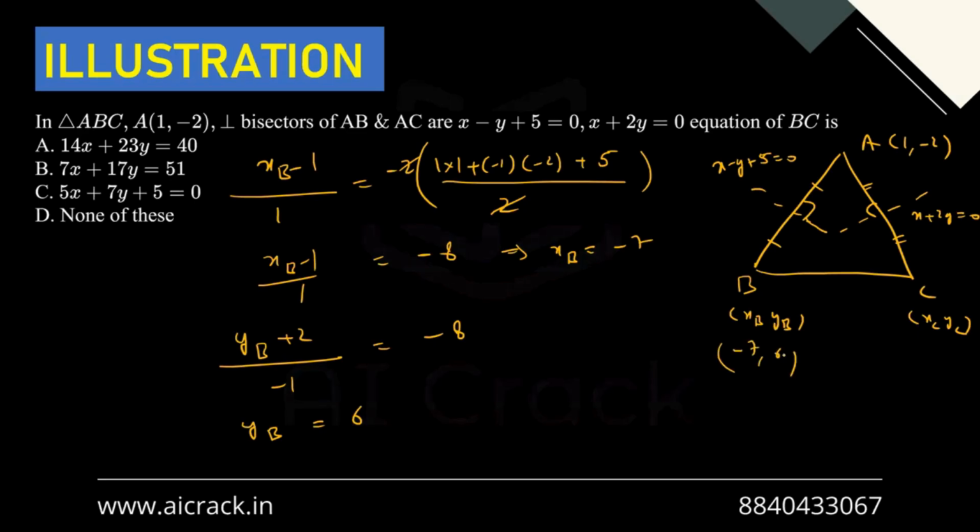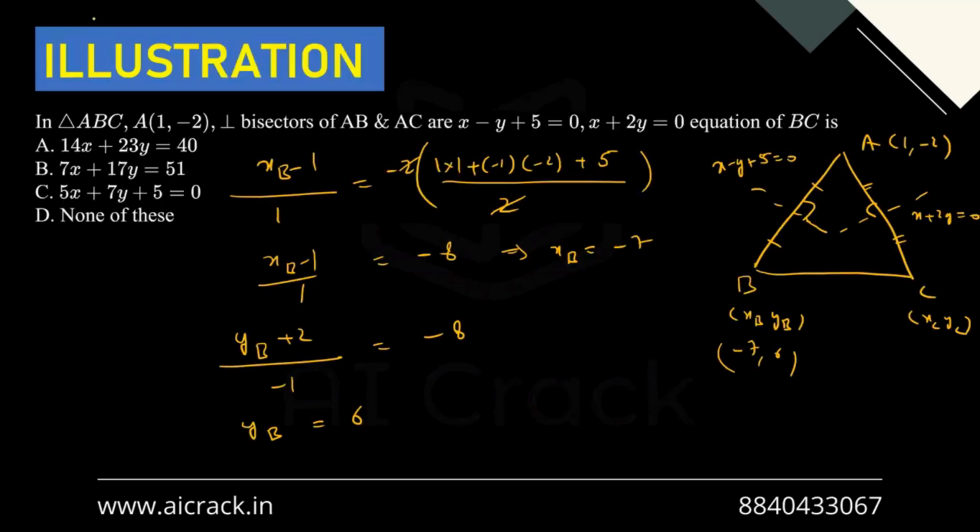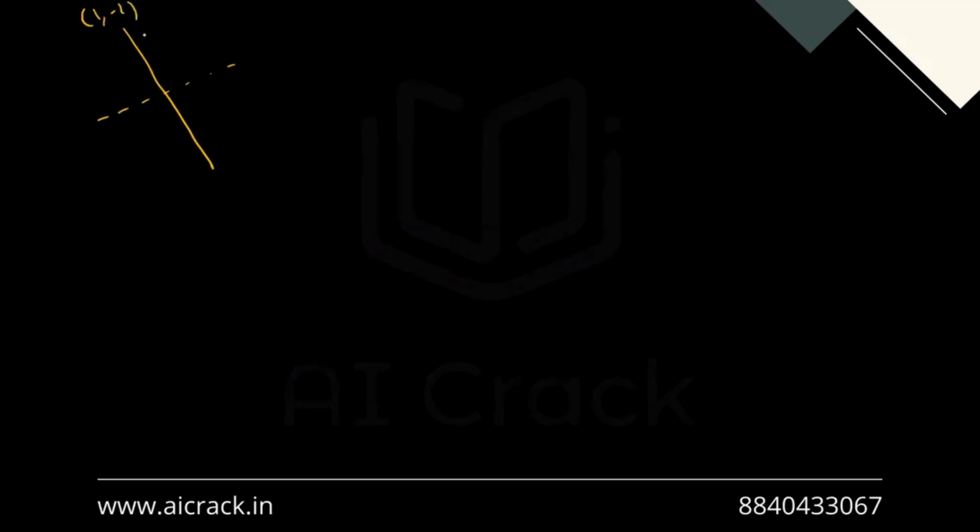Now let's look at the second one. For that I'll draw the diagram over here. So this point is 1 comma minus 2. This line is x plus 2y equals 0, and we have to find the point C, xc and yc.